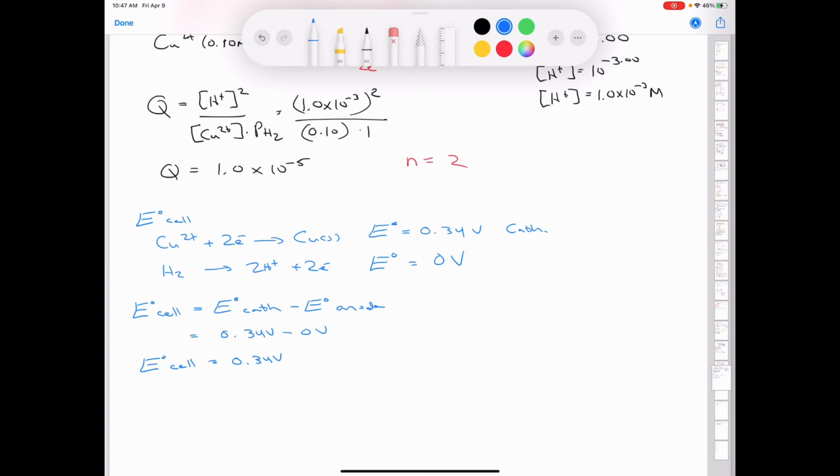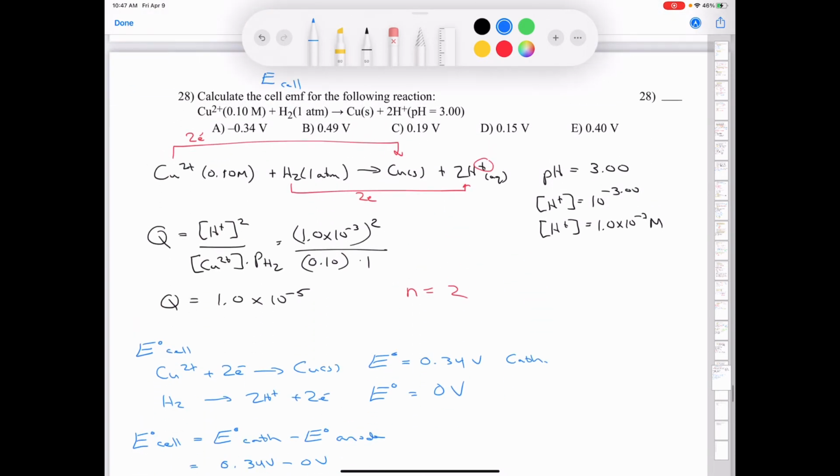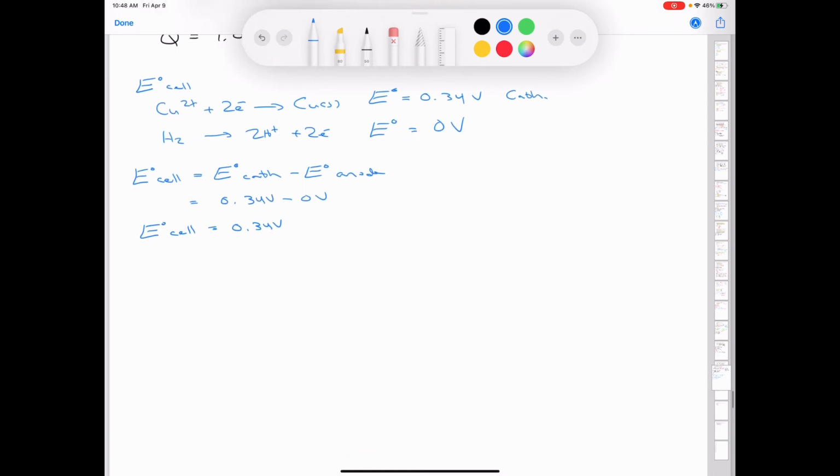Now I have everything that I need to determine my E cell, because I'm going to use the formula that E is equal to E naught cell subtract 0.0257 volts divided by n multiplied by the ln of Q. And we have everything we need.